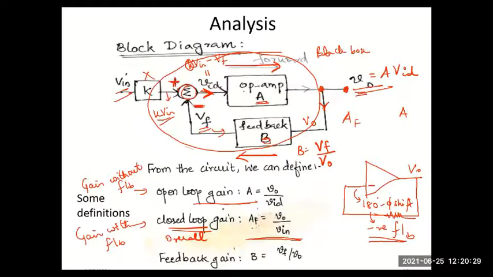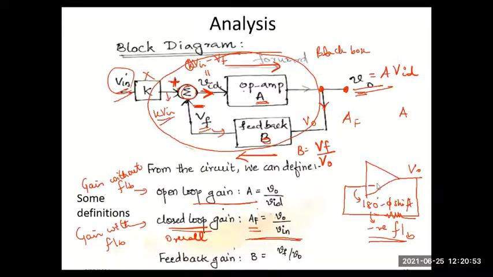We also call it gain with feedback. The open loop gain is gain without feedback. That's why the subscript we have used is F. AF represents gain with feedback, A represents gain without feedback. And as I told you, why does Vf have a negative sign?